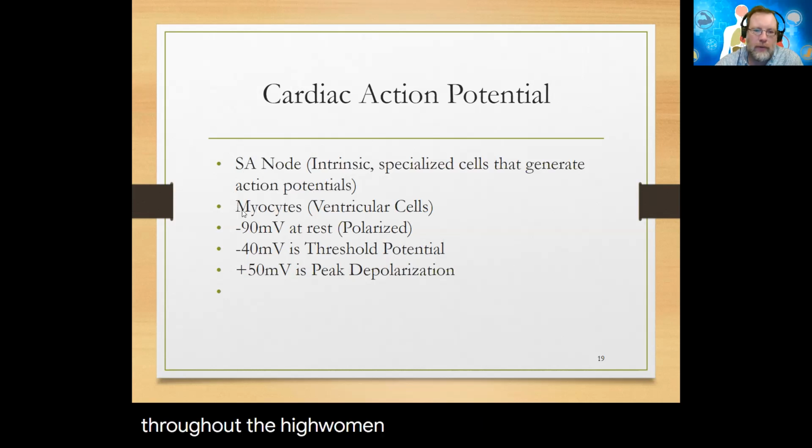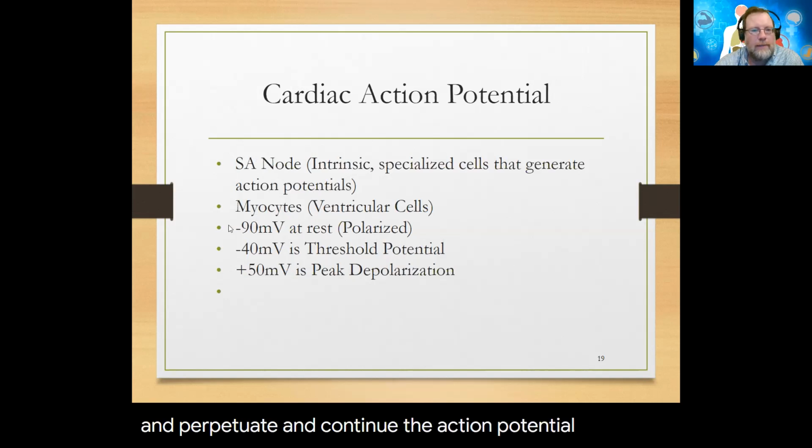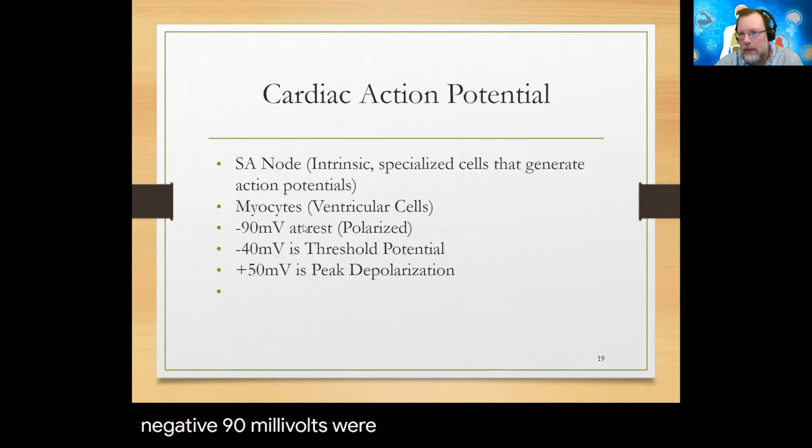And then throughout the heart, we have these myocytes or ventricular cells that also are receiving the message and continue the action potential. At negative 90 millivolts, we're at rest. Now, we saw with other cells, nerve cells throughout the body, that number is negative 70 typically. So we do see polarized occurring at negative 90 millivolts.